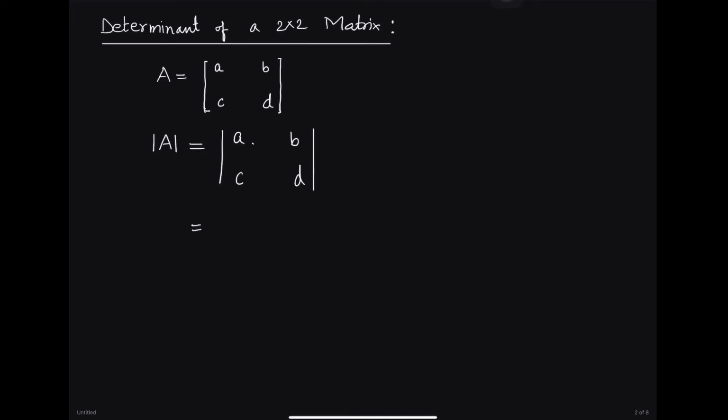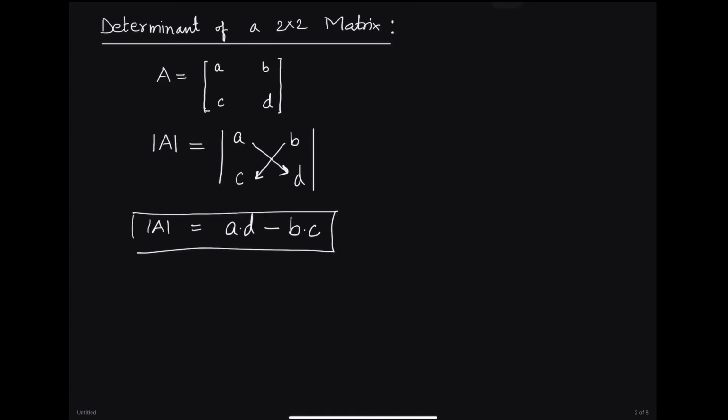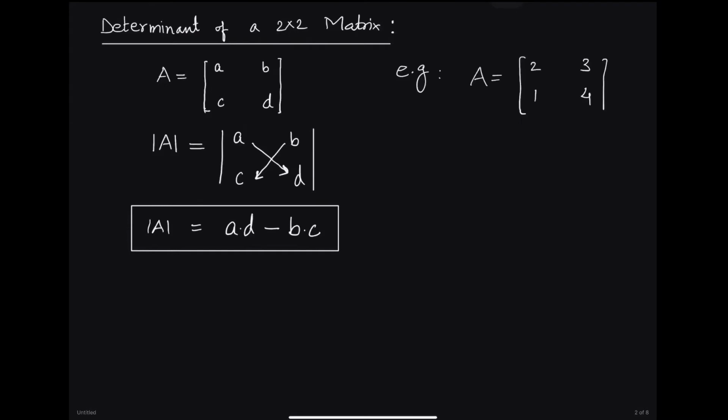It is given by ad minus bc. So this number is called the determinant of A. For example, for this 2 by 2 matrix, the determinant of A is 2 into 4 minus 1 into 3.